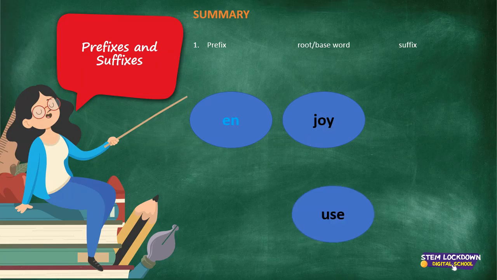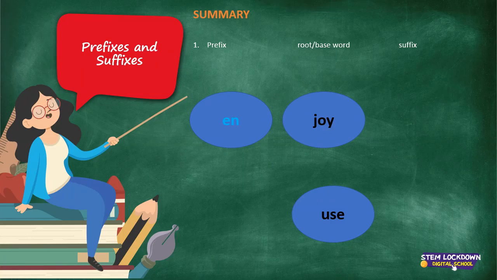Here's another root. We have use. Use is a root. It doesn't have a suffix or a prefix currently, okay? So just think about which prefix we would use for use. There's actually quite a lot.